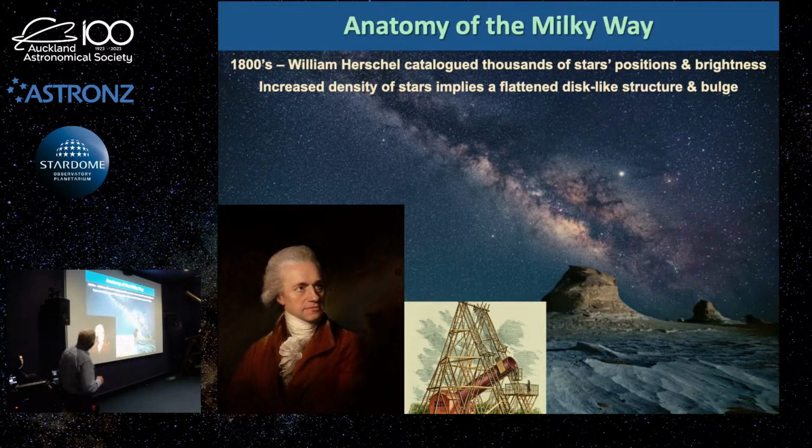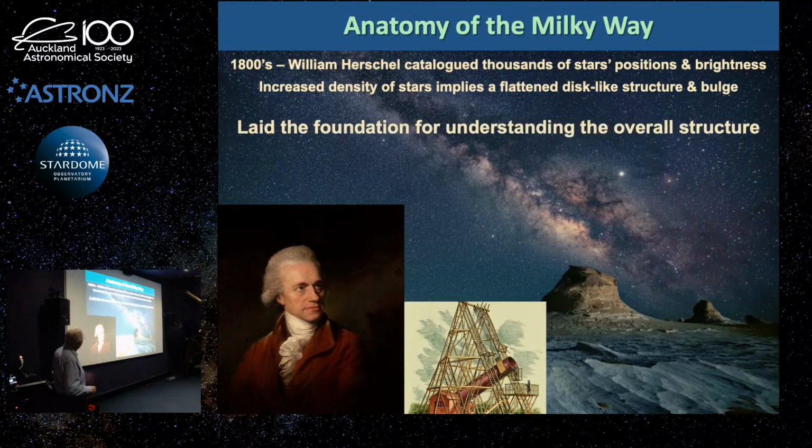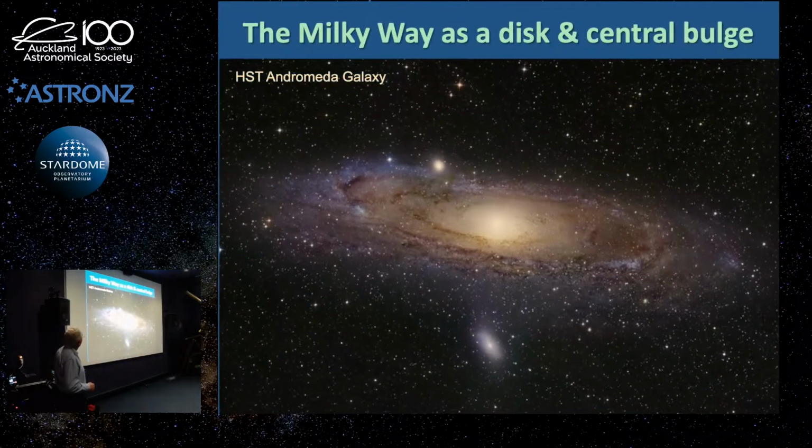And he concluded that it was an increased density of stars in this big flattened disk here with this big bulge in the middle. So they weren't just random stars that happened to look that way. He worked it out himself. You might think that's obvious to us today, but it wasn't obvious at the time. He was able to deduce that indeed this is the Milky Way here. It's just a flattened disk with a big central bulge. That key thing really laid down the foundation for our understanding of the overall structure of the Milky Way in the future. So that was a very important thing.